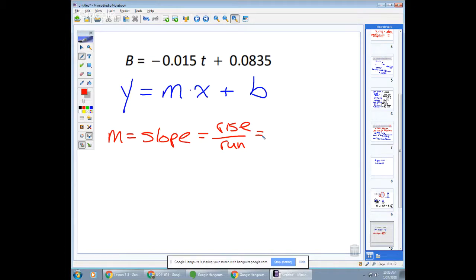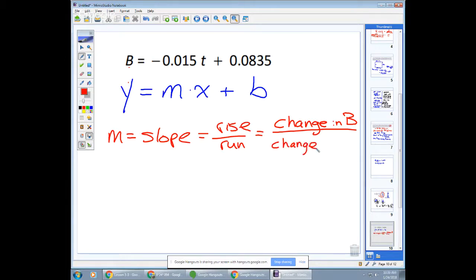So for us, because I switched the Y and the B, the rise is change in the blood alcohol level, so change in the B value. And the run must be what then? Change in the X value, or in this case, change in what? Time, change in time, yeah.